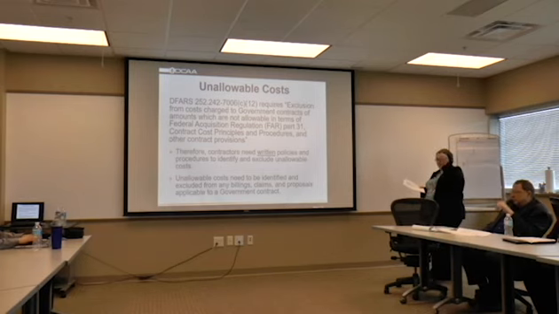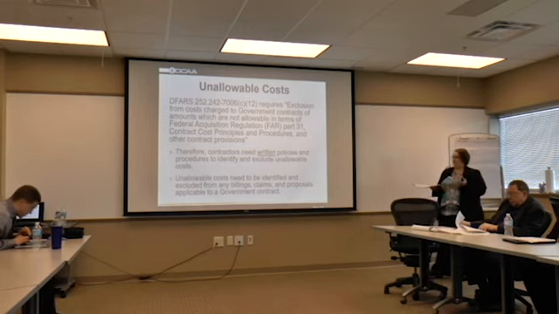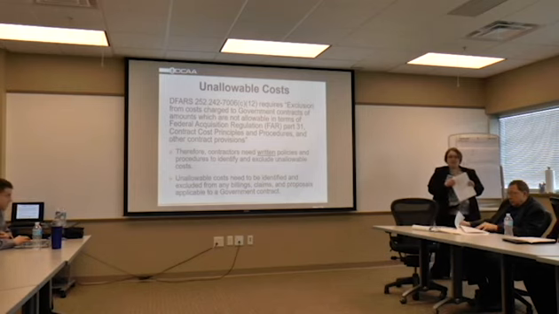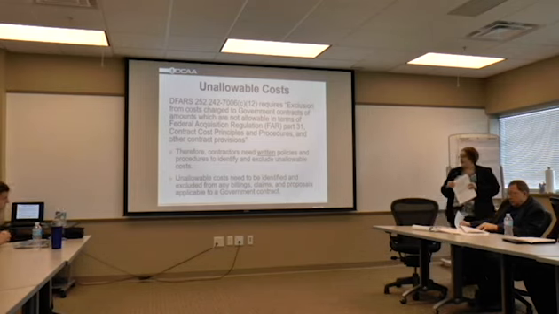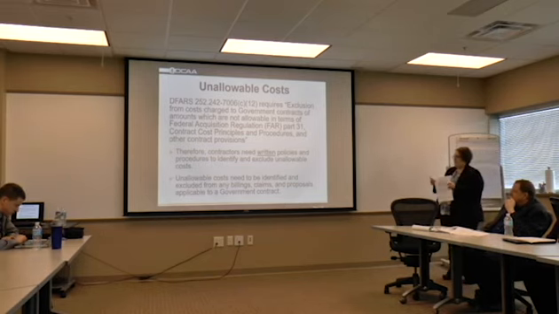FAR does define some specifics as it relates to allowability. The contractor needs to have a written policy and procedure on how to identify and exclude unallowable costs. And unallowable costs need to be identified, like I said, and excluded from claims, proposals, and government contracts.